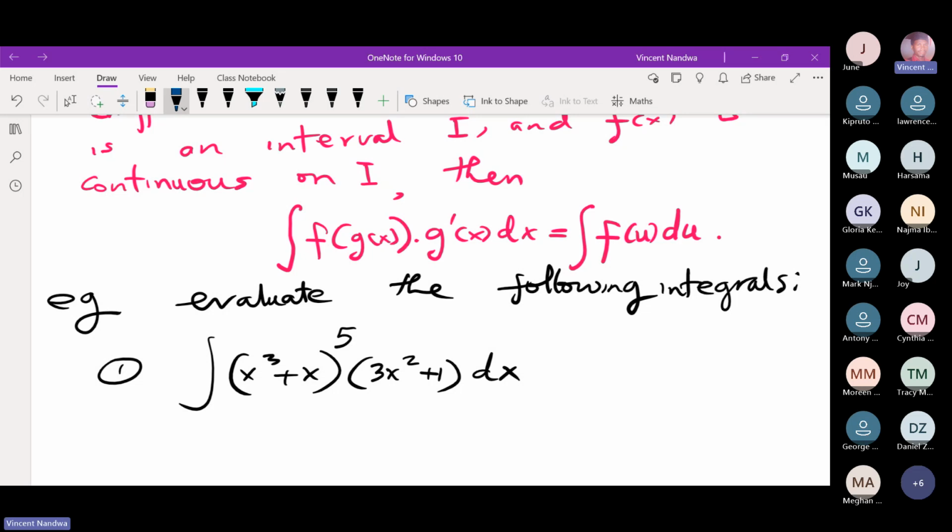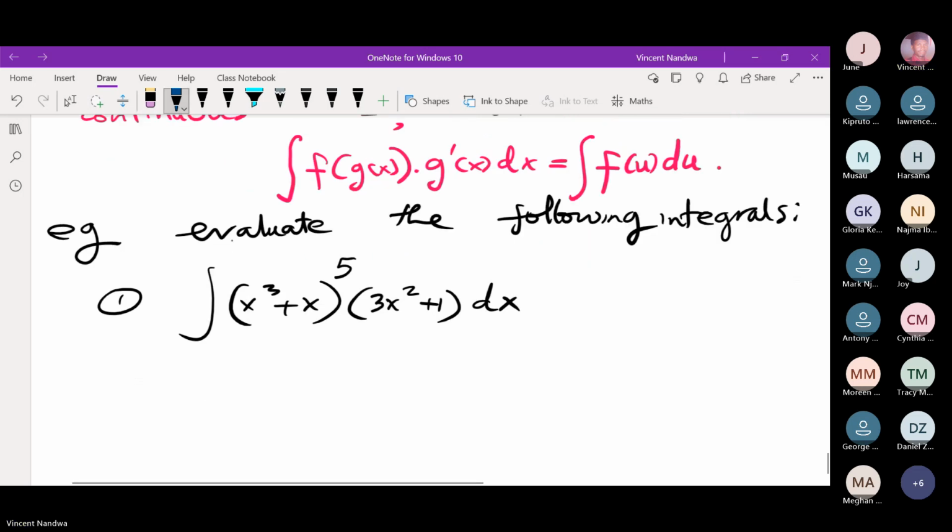So this is what we'll do in such a case. I'll say, let u be given by x cubed plus x.